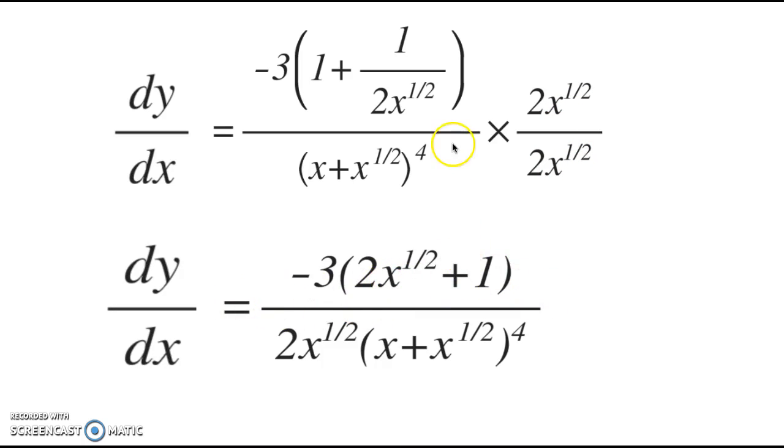You multiply both the 1 and the 1 over 2x to the 1/2 times the 2x to the 1/2, and you can just put the 2x to the 1/2 in front of the other function. This will give you dy over dx equals negative 3 times 2x to the 1/2 plus 1 all over 2x to the 1/2 times x plus x to the 1/2 to the 4th.